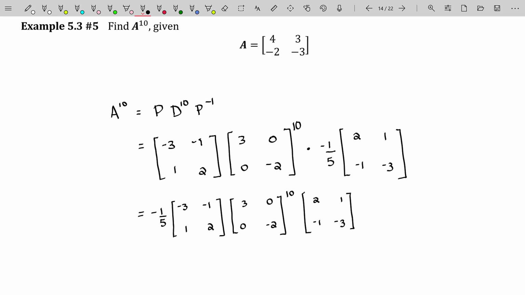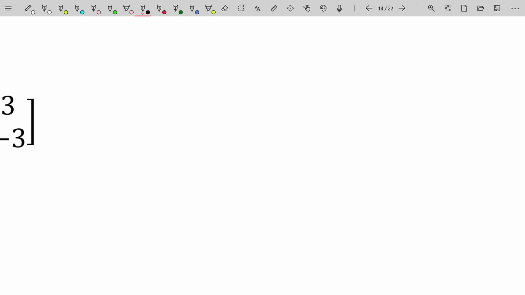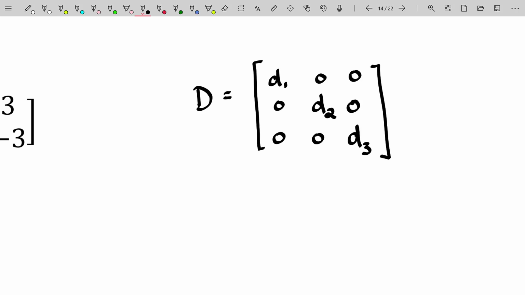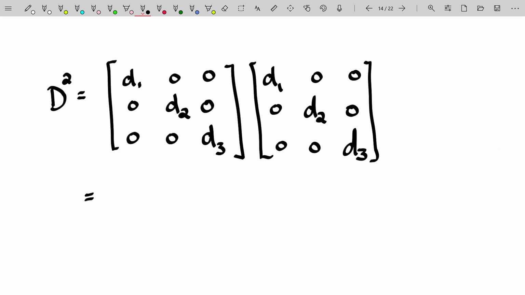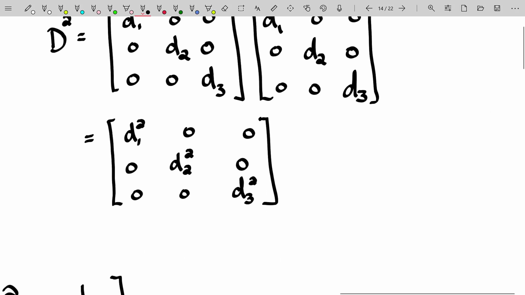However, there's a cool little fact about diagonal matrices and their powers. And since I can't remember if I proved it for you, I'll at least showcase it because the proof is done through induction and I just don't want to do a long induction proof. But at least I'll say, what if our diagonal matrix was this and we wanted to square it? That's what the action would be. But when you start multiplying things out, you get to this right here.